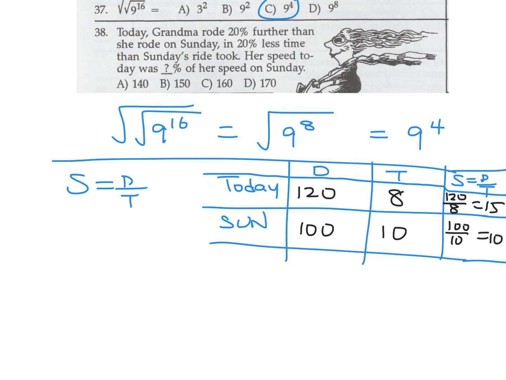So the speed comparison is 15 compared to 10, which is obviously an increase. If you compare 15 to 10, it's 150%. 15 is 150% of 10, and that's basically what they're getting at. So 38 would be B.